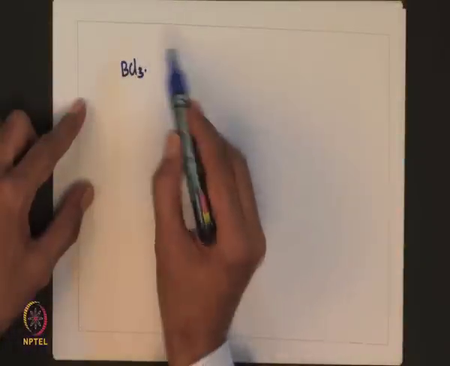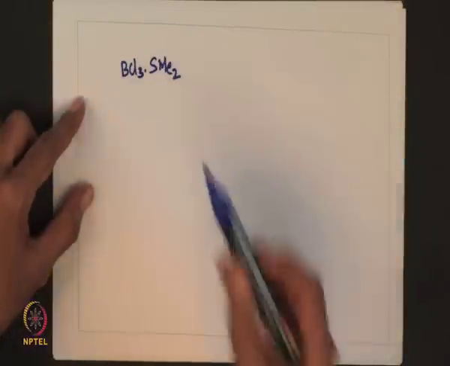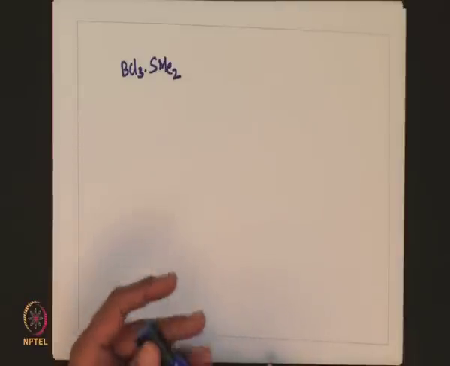In such conditions, if you want to use this volatile liquid, is there any alternative? Yes. For example, if you take boron trichloride and interact it with a Lewis base such as SMe2, it forms an adduct and it is solid.